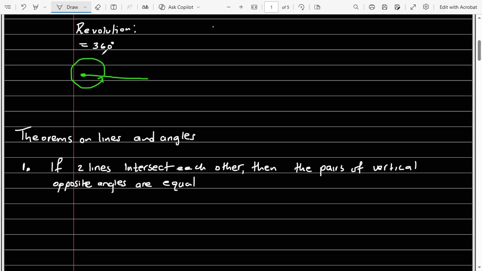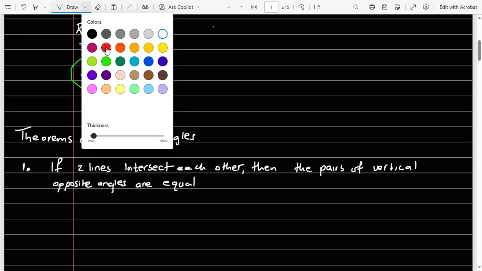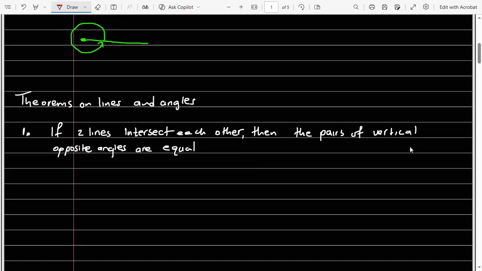The most important thing to keep in mind here is that vertical opposite angles are equal. I'm going to give you one example. Let's say I have a line, and I'm going to call this line AB, and then we have another line that goes in that direction, and I'm going to call this line CD.